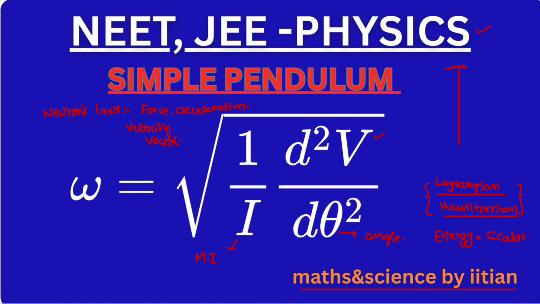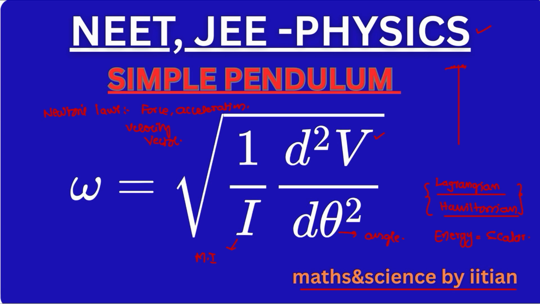So dealing with scalar quantities and energy principles, conservation of energy, some may find it easier to apply. Hence, I will be introducing the Lagrangian approach and Hamiltonian approach for solving typical mechanics problems. As I promised in the previous lecture, I want to take up the first case as the simple pendulum, because in the simple pendulum, energy is involved.